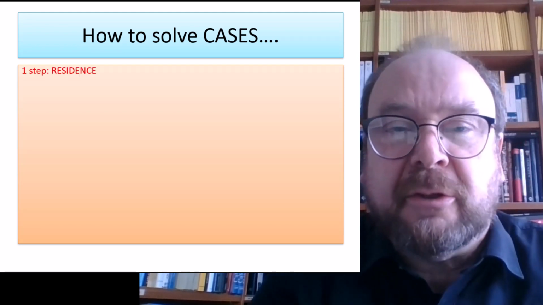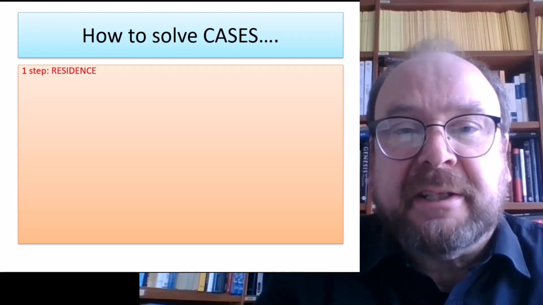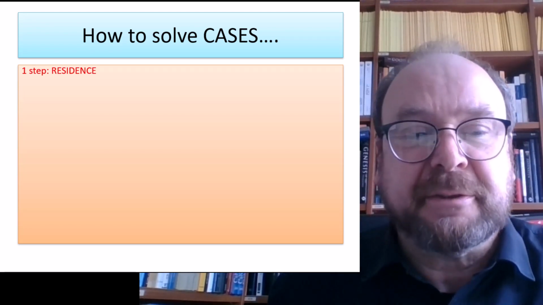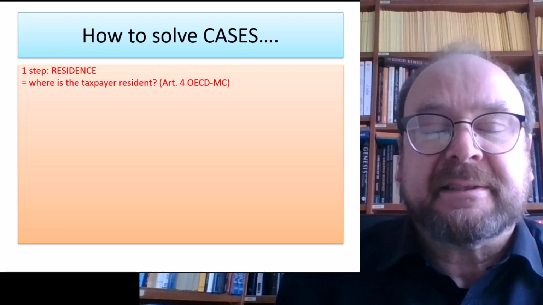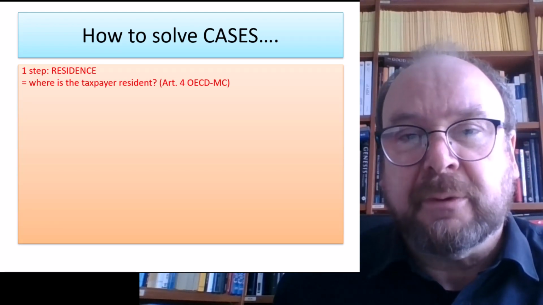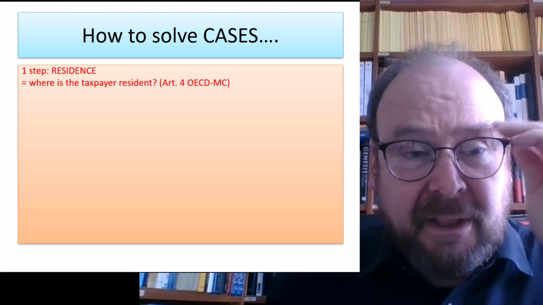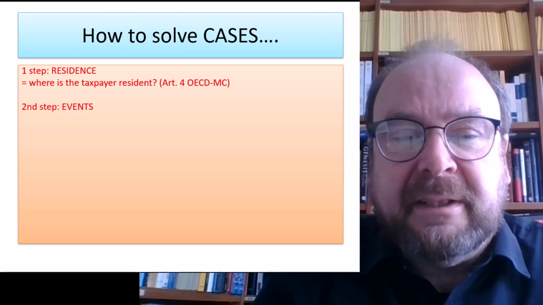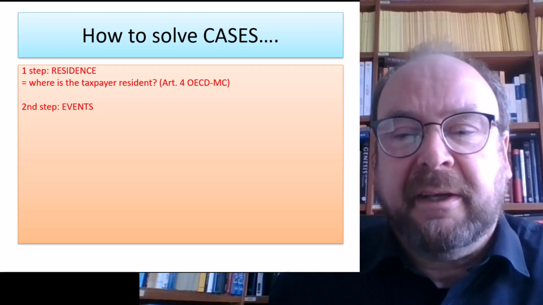You always begin with determining the residence of the taxpayer or the taxpayers in question. That is the article which corresponds to Article 4 of the OECD Model Convention. Later you go on to examining the events which happen in the case.